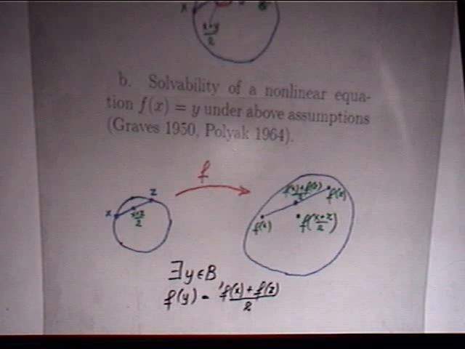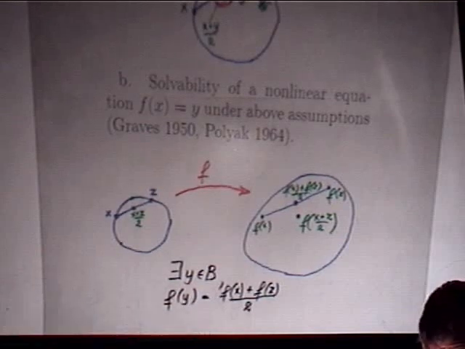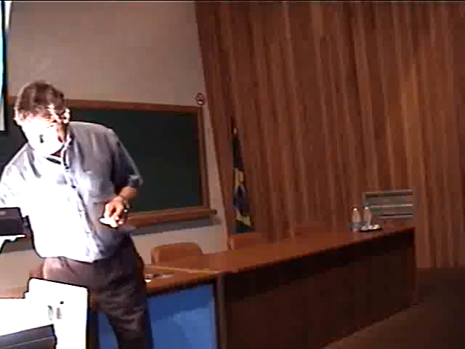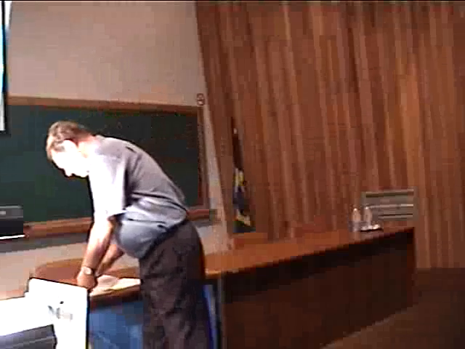This theorem not only gives the solvability condition, but it also gives some bounds for the solution. Okay, so with these two results in mind, we can easily prove the theorem. Okay, so let's discuss what we have.